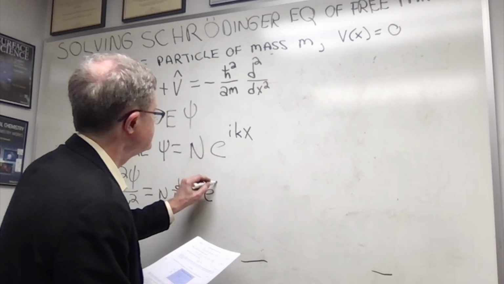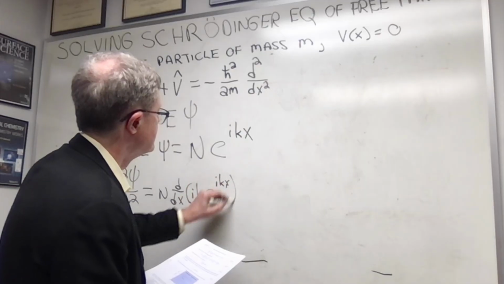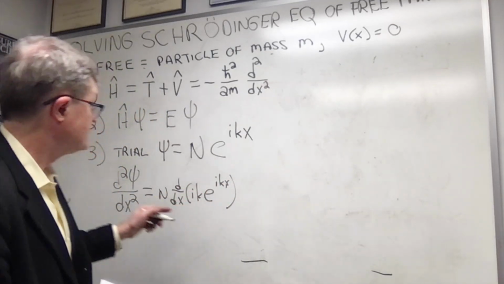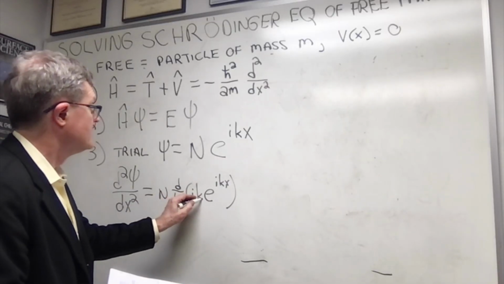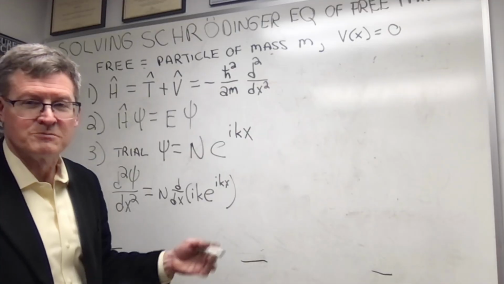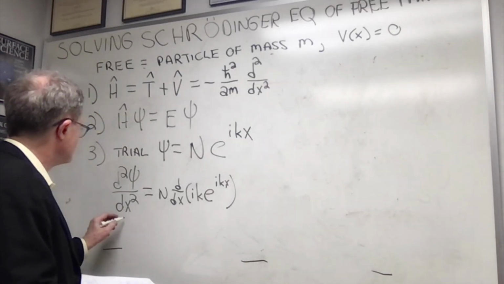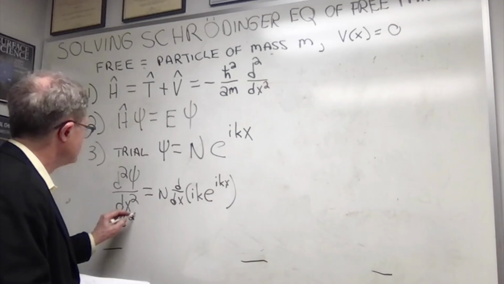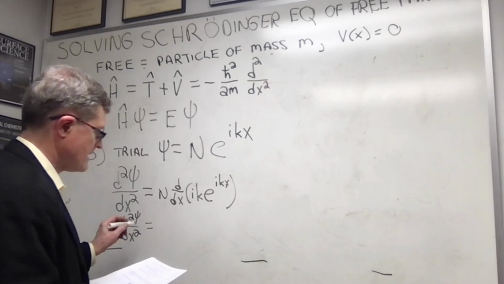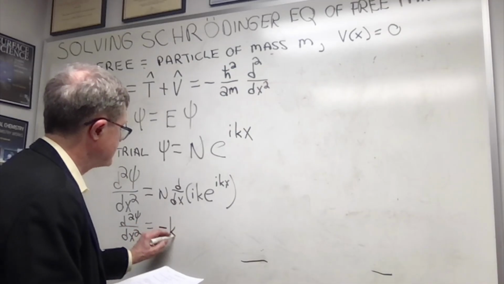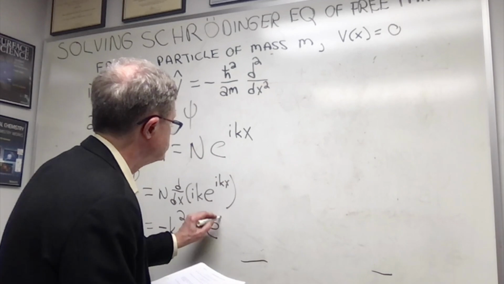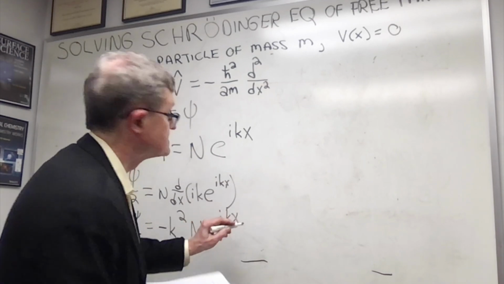And then we'll have to take the derivative again, so we'll get another ik. i is just the square root of -1, so i squared is -1. So the second derivative of our wave function with respect to x squared is minus k squared times e to the ikx.